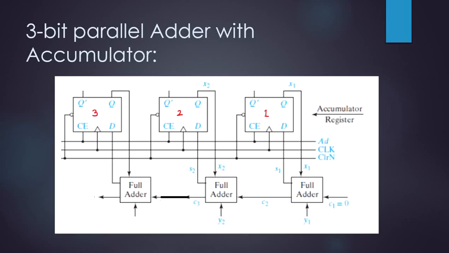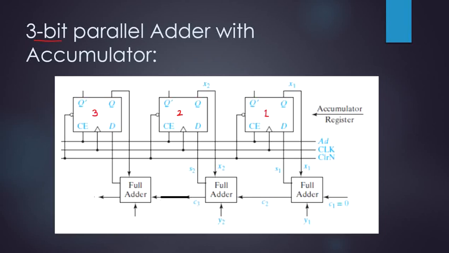Since each single cell has a flip-flop and an adder, for a 3-bit parallel adder you will require 3 cells of D flip-flop and full adder. So this is also an iterative connection consisting of 3 full adders and 3 flip-flops, because we are making use of 3 bits.